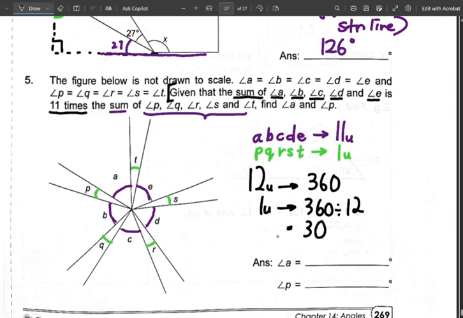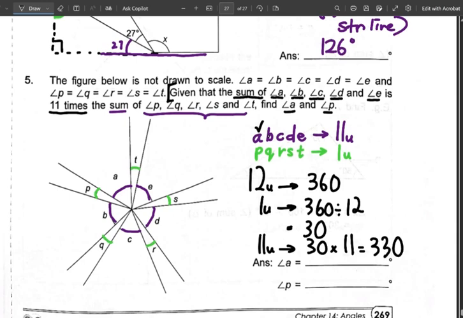What is the question asking you to find? A and P. Where is A? A is this one over here, right? So you find how many units first? A is 11 units, so 11 times 30 gives us 330. Oh, wow.